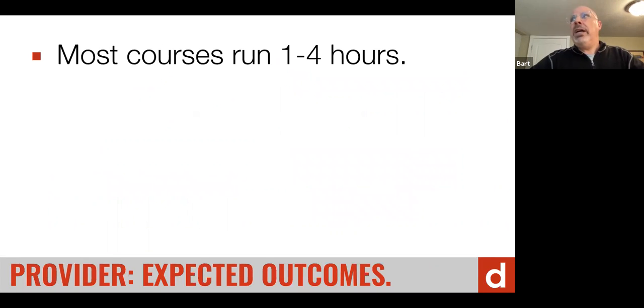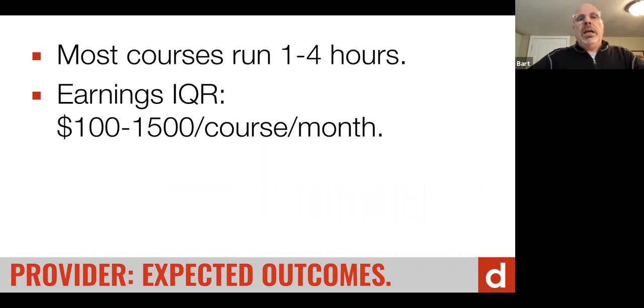With one of these providers, you're not producing a single video, you're producing an entire course, and that's usually 1 to 4 hours. So you're counting on somewhere between 20 and 60 videos. The earnings, the IQR, is based both on my experience and on what I've gotten from other people.